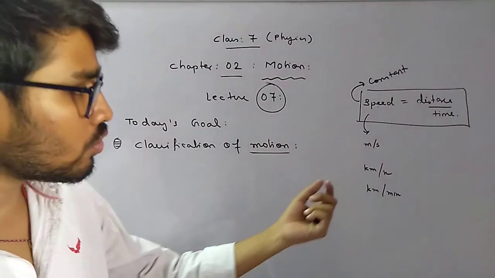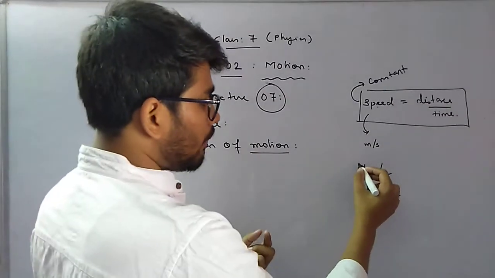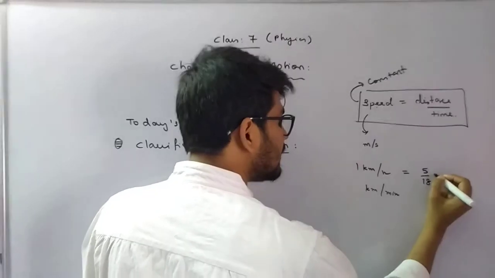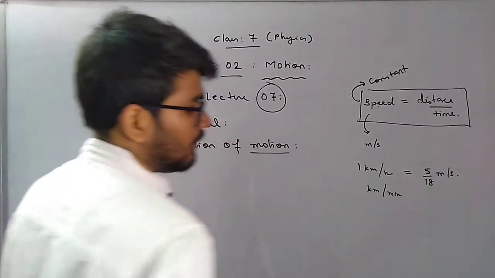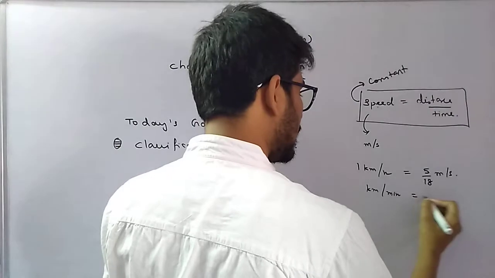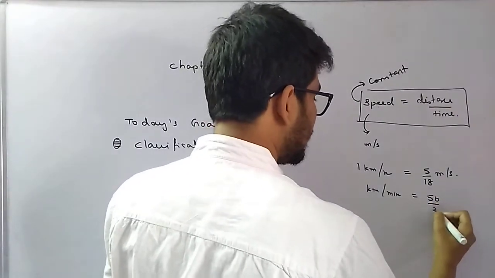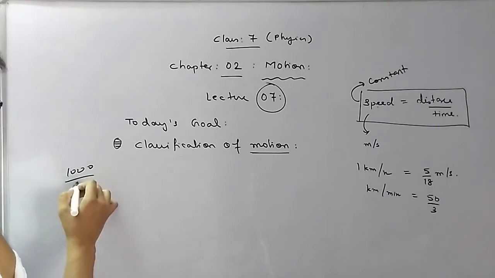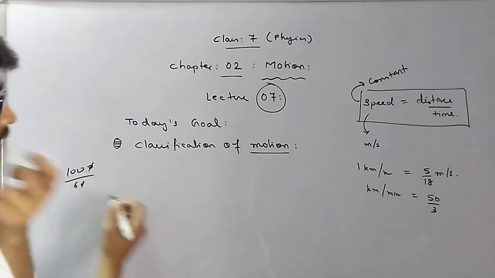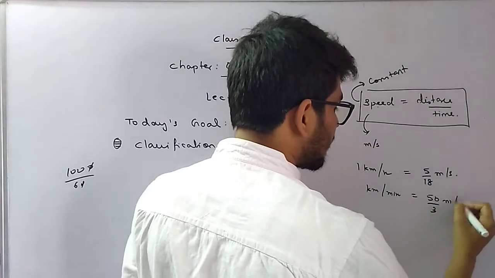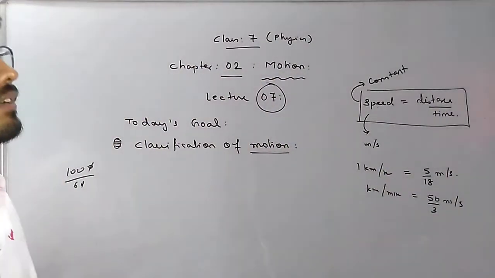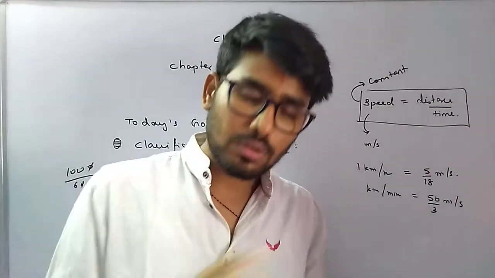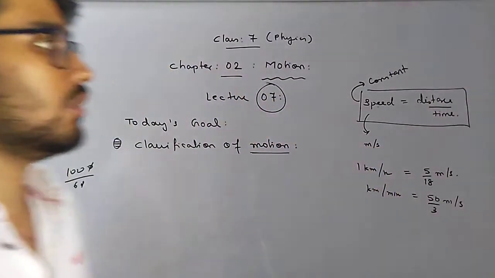And then we also saw that 1 kilometer per hour is actually 5/18 meter per second, and 1 meter per second is 18/5 kilometer per hour. And then we solved many numericals. I hope all that is clear to you all.